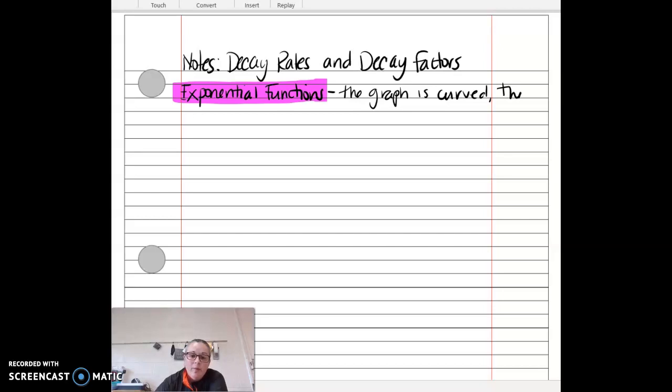The table multiplies by a constant number, and so on and so forth. And then, of course, there are two different kinds of exponential functions. We've got exponential growth, and then we have exponential decay. So let's look at exponential growth.